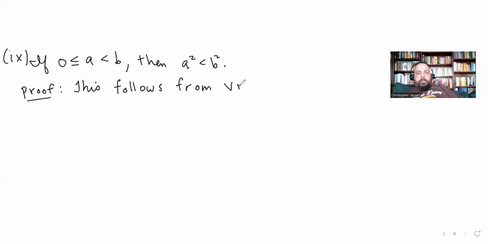From VII, where A equals C and B equals D. All right, and lastly, part 10.